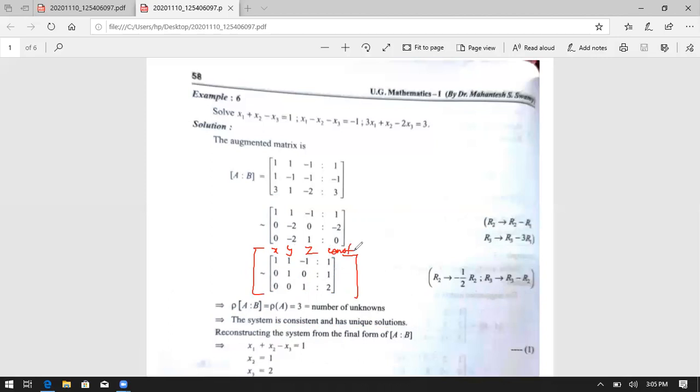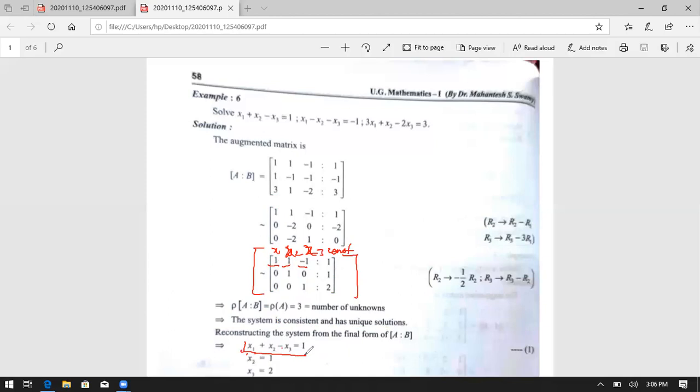In this problem, we take here X1, X2, X3, and the constant. Next you write here, 1 is there, 1x1, 1x2. Next minus 1 is there. That's why I write here minus x3 is equal to constant 1.